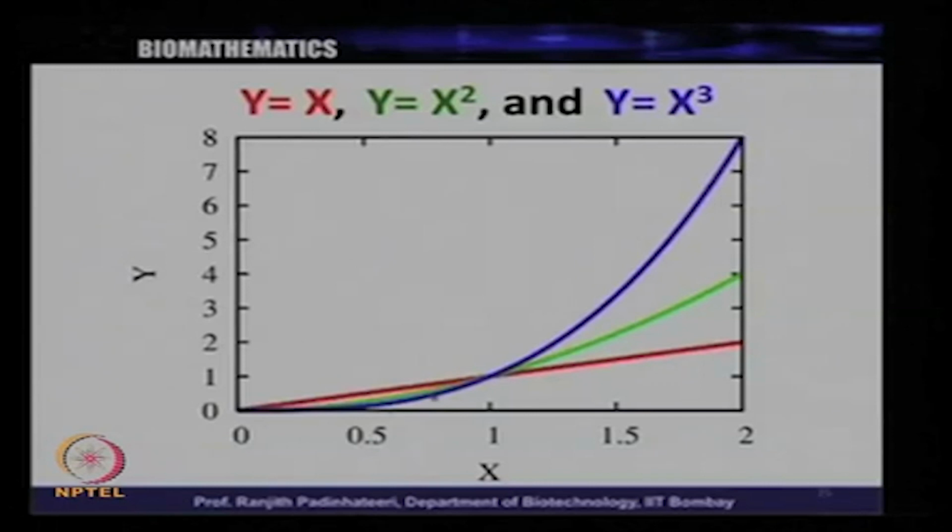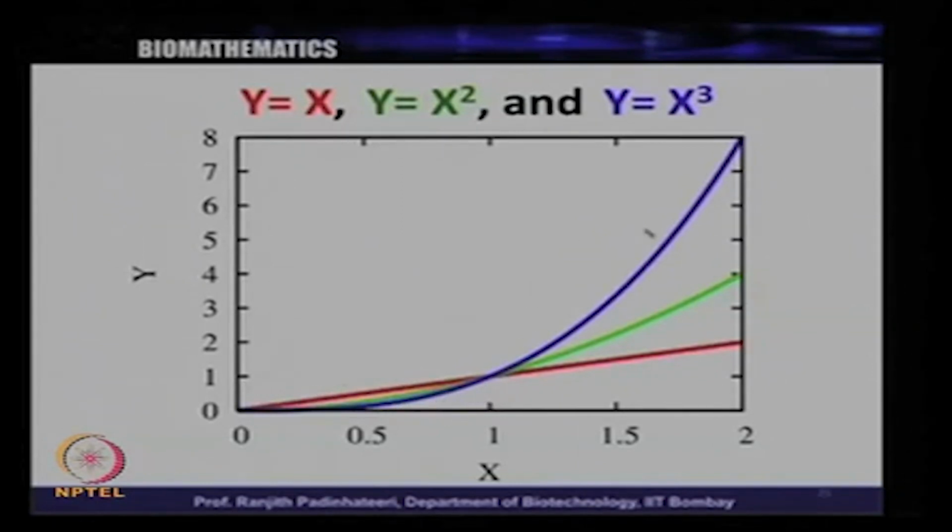As you can see here, at 1 all of them meet, which means the square and cube of 1 is 1 itself. Below 1, x is larger than x square, the red is above the green, and x square is larger than x cube, that is the green is above the blue. So, as I said previously, x square is larger than x cube when x is less than 1.